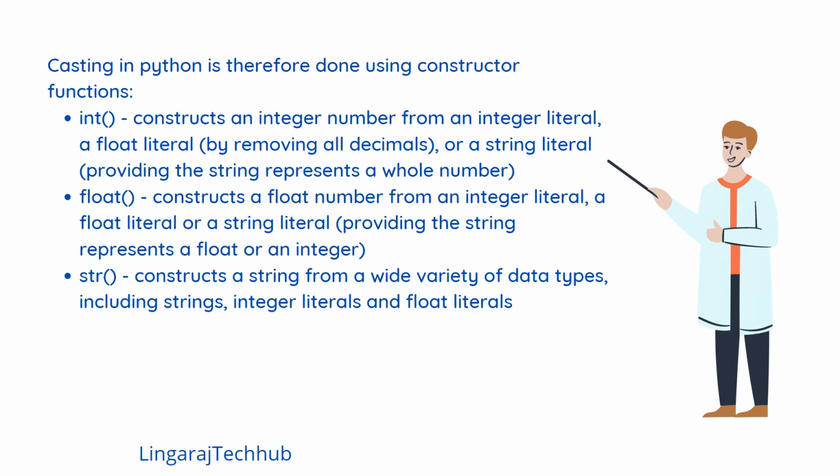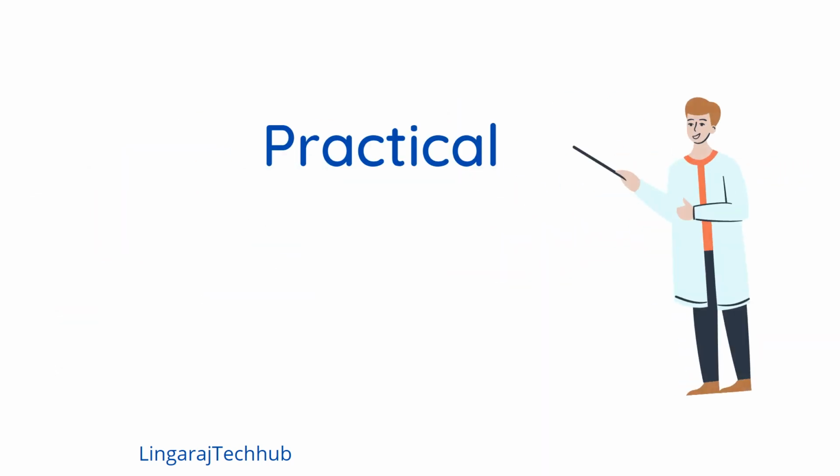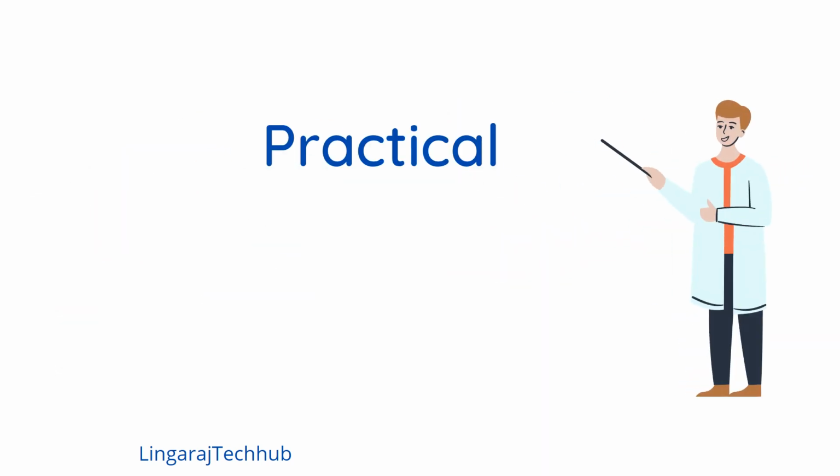Float converts an integer or a string to the float type. And string converts a wide variety of data types, like strings, integer literals and float literals, to string literals. Now let's see through practical how all these inbuilt methods work.